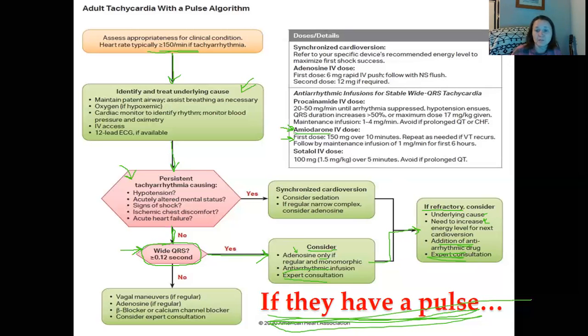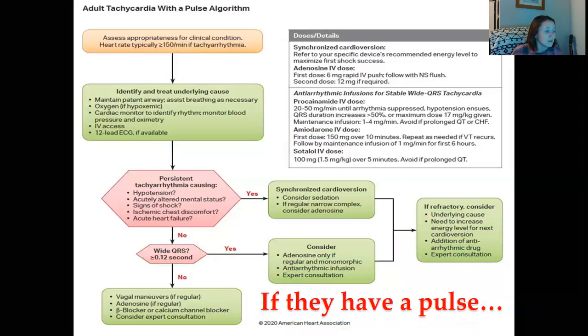So let me clear my drawings. We're going to go the other direction. If we've assessed, we found that our patient is tachycardic, we have done our assessment, we're moving down here to see, are they stable or unstable? So this time we're going to say that yes, they do have hypotension and altered mental status.